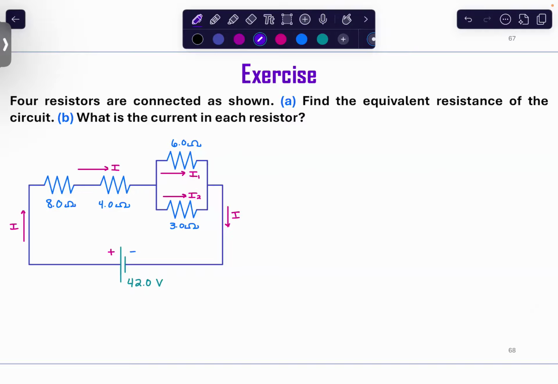Find the equivalent resistance of the circuit and what is the current in each resistor. Let's start by combining the resistors that are in parallel. For resistors in parallel, how do we do that? 1 over. Again, remember your resistors and your capacitors are pretty much the inverses of each other.